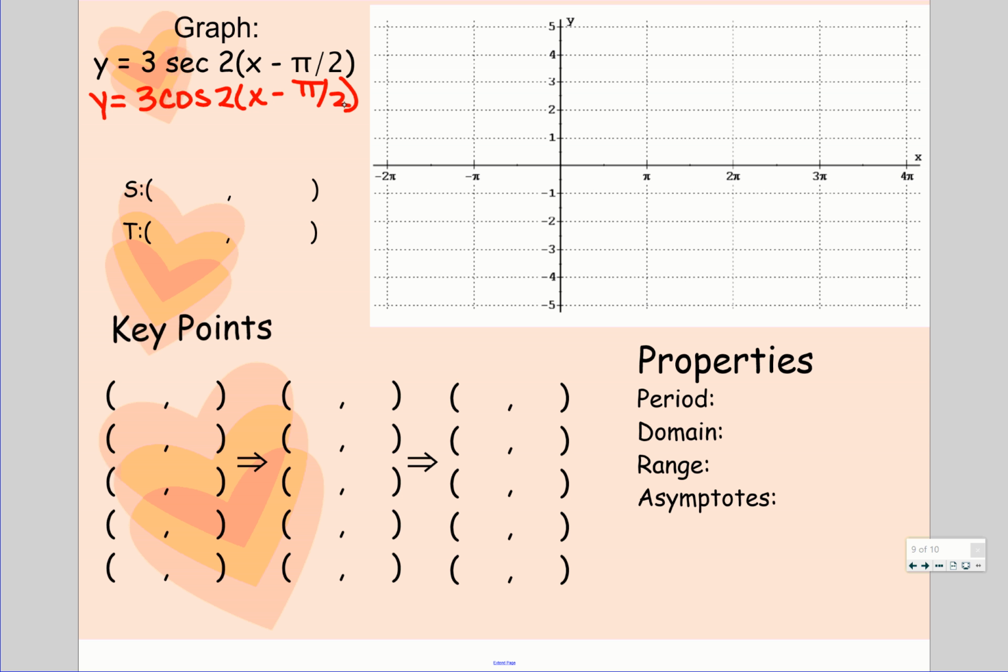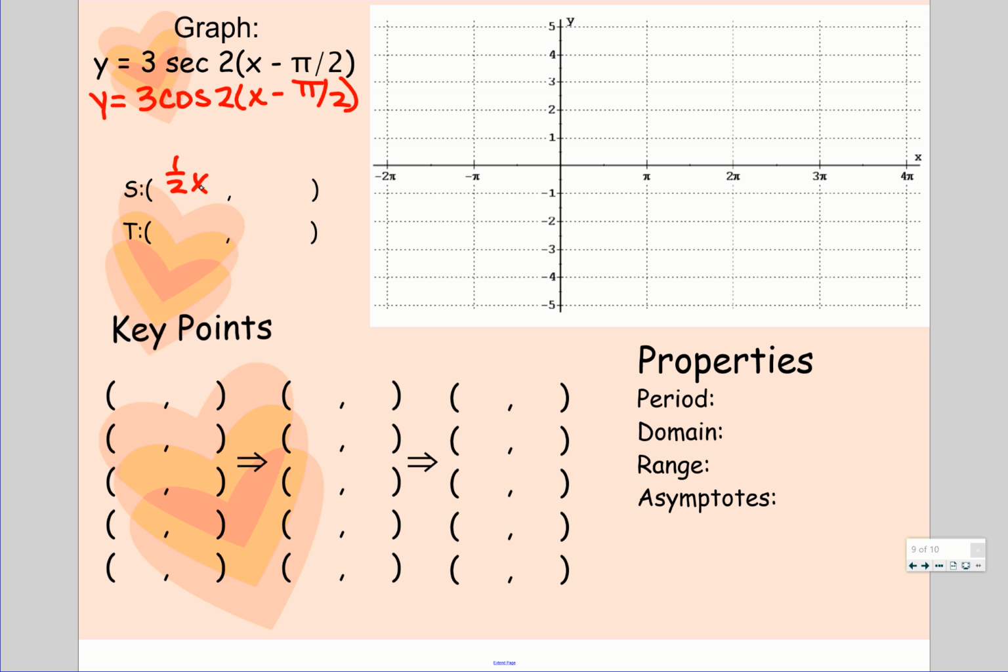All right, so same rules we've been using. How do I find scale changes? What are our little formulas? Reciprocal of b times x, which here would be 1/2 x. Scale changes are stretches and shrinks.